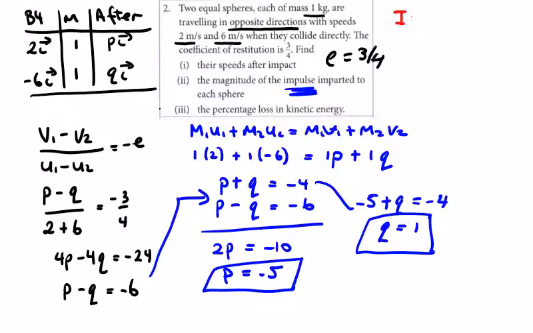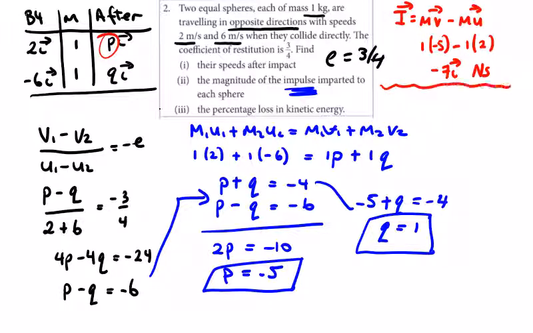So we look at impulse. Vector quantity mv minus mu. So we do the first one, the mass of 1 ended up traveling at a speed of P. So the v is minus 5, 1 by minus 5, minus 1 by its initial speed, which is 2. So minus 5 minus 2 is minus 7 in the i direction.